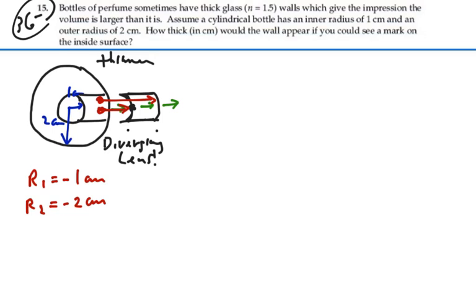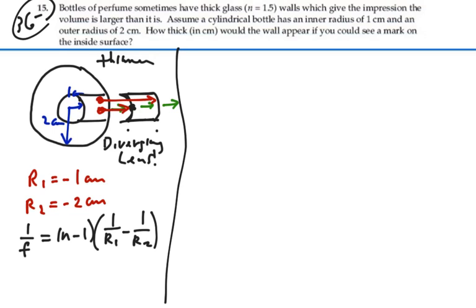So as we look at this, we have our lens maker equation. 1 over the focal length is equal to n minus 1, 1 over R1 minus 1 over R2. Calculating this, we have 1 over the focal length is equal to 1.5 minus 1, 1 over a negative 1 minus 1 over a negative 2.